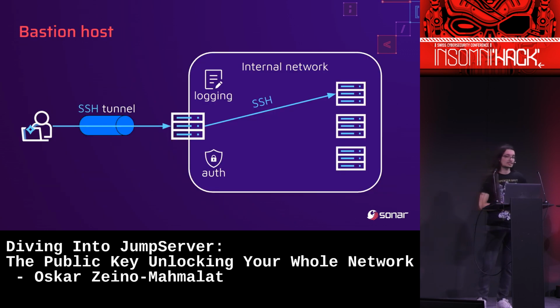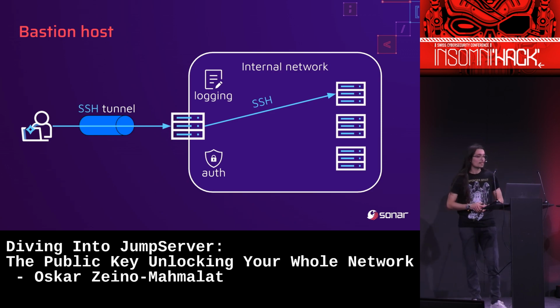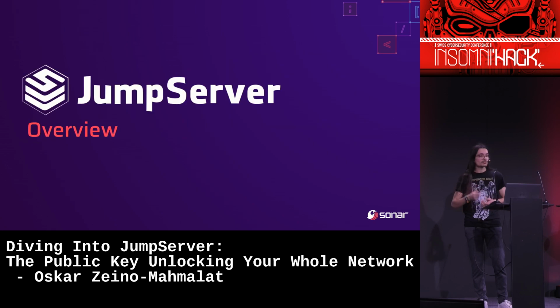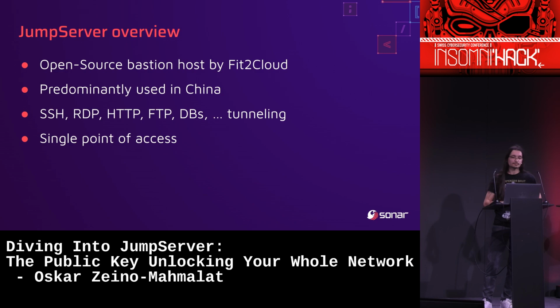A bastion host is software where you can basically tunnel your SSH connection inside an internal network. And it has all the characteristics. You can centralize authentication and logging, but also if somebody compromises this thing, they get access to everything inside the network.